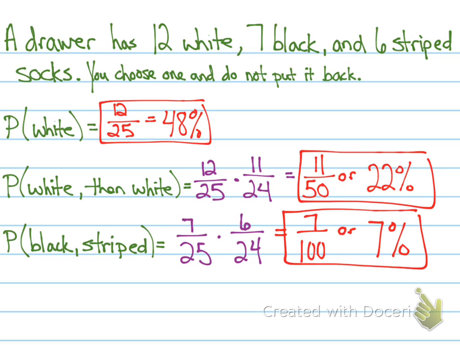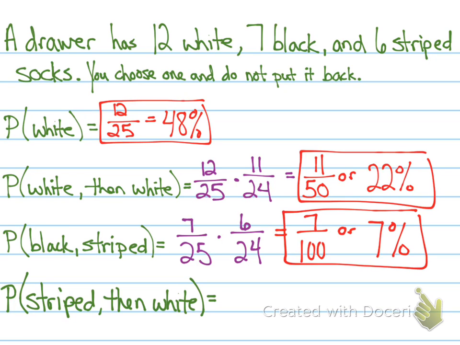Who got it right? 7%. Okay, so let's solve one more now. Probability that I pick a striped sock, then a white sock. Striped is what? 6/25.